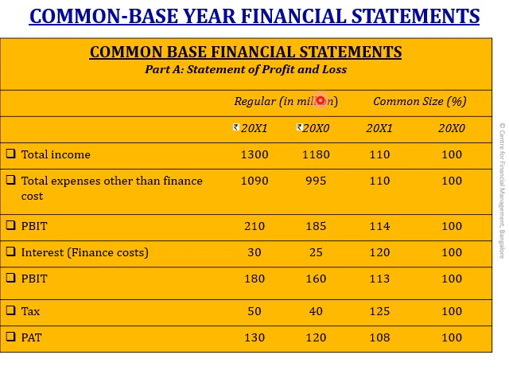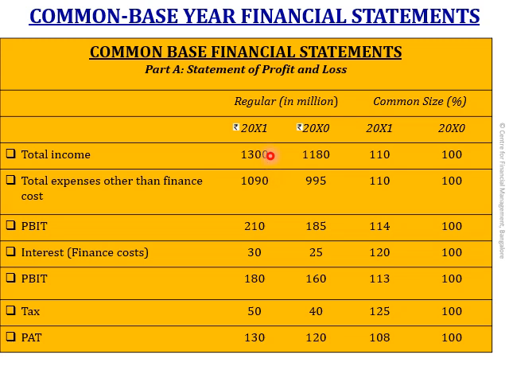If we look at the statement of profit and loss of Horizon Limited for 2 years, 20x0 and 20x1, and regard 20x0 as the base year, then numbers in the base year in relation to the base year would obviously be 100%.